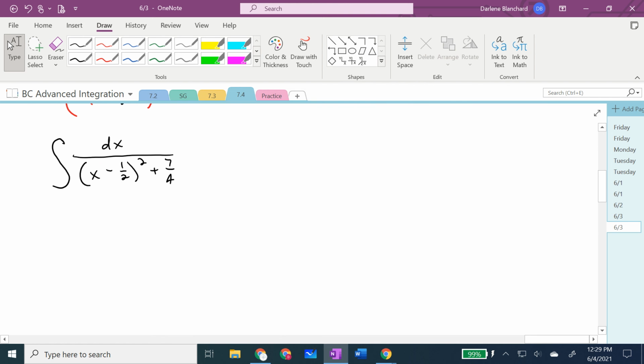I'm going to use which trig function? I'm going to use tangent. And I'm going to set tangent equal to the function that is being squared, x minus 1/2, divided by the number that is being squared, the lovely square root of 7 divided by 2.